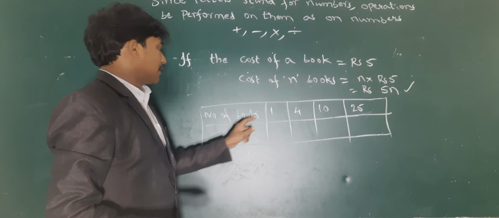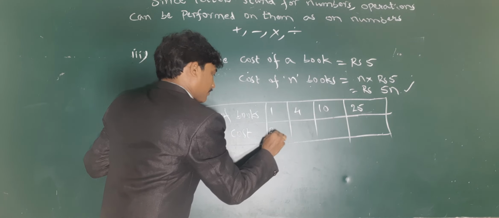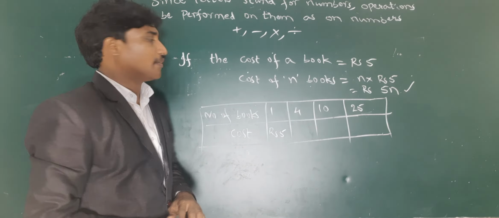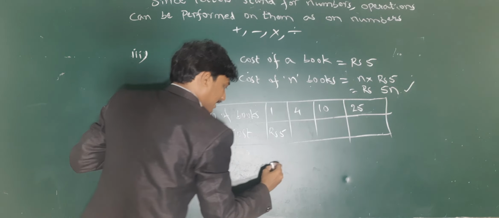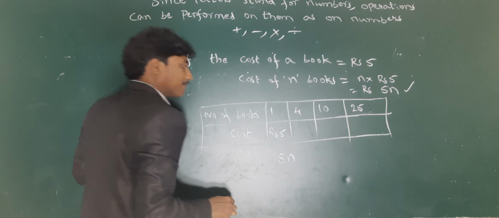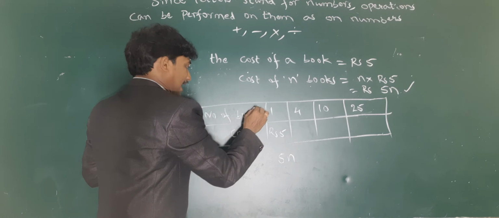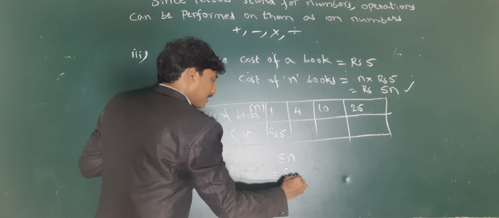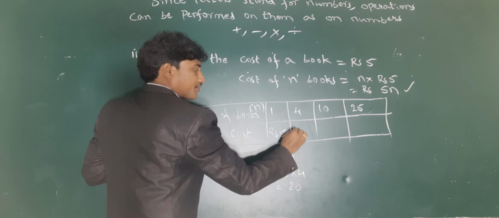Here the cost of one book is 5 rupees. Then what is the cost of 4 books? The cost of n books is 5n. Here n is the number of books, and in the place of n we write 4. That means 5 into 4, 20 rupees.